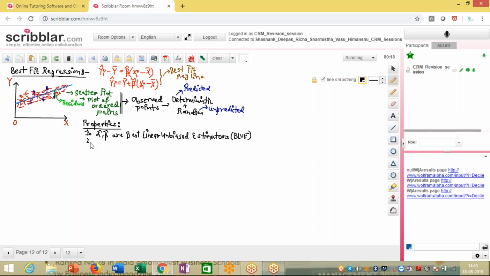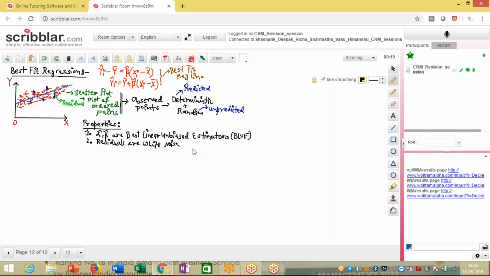Number two is that the residuals must be white noise. So these are the first two things that need to be tested.